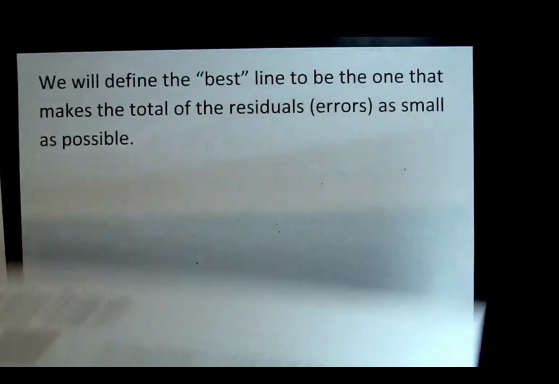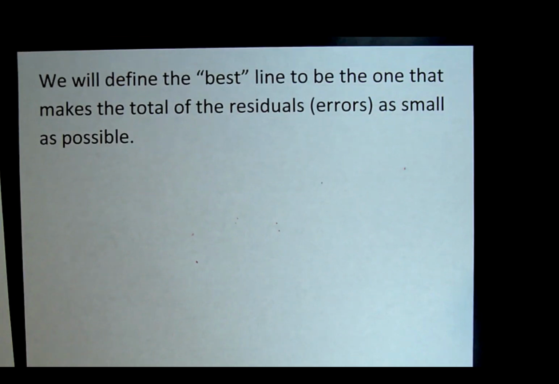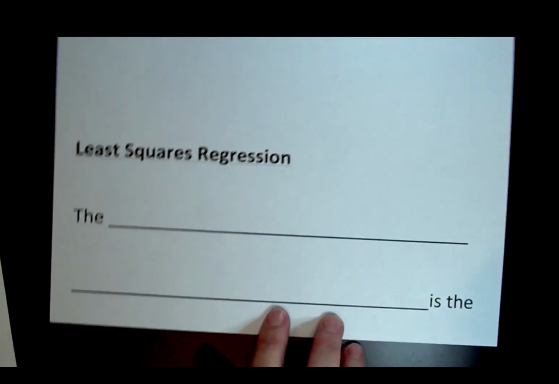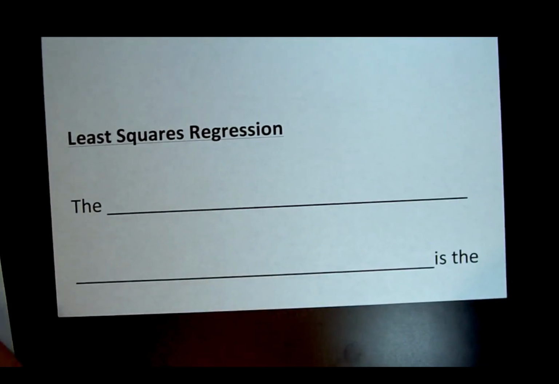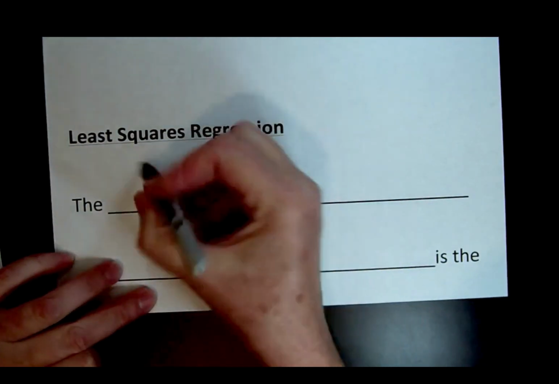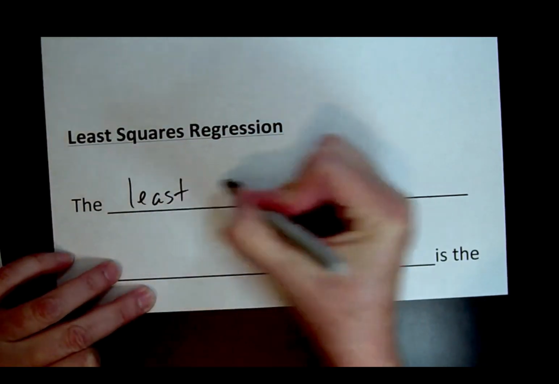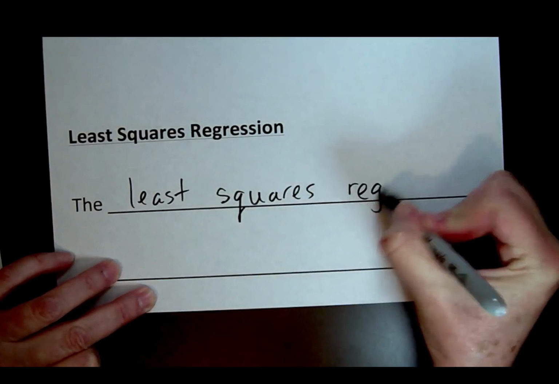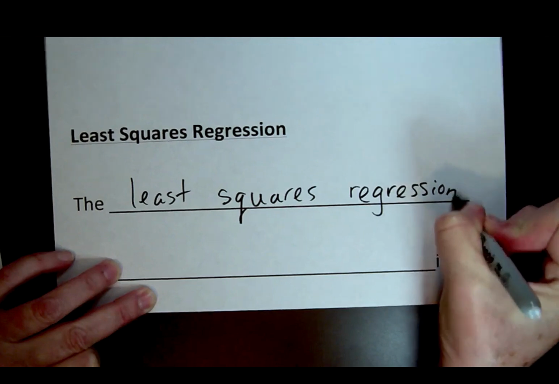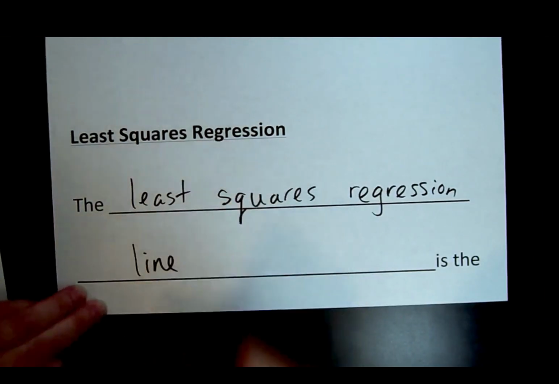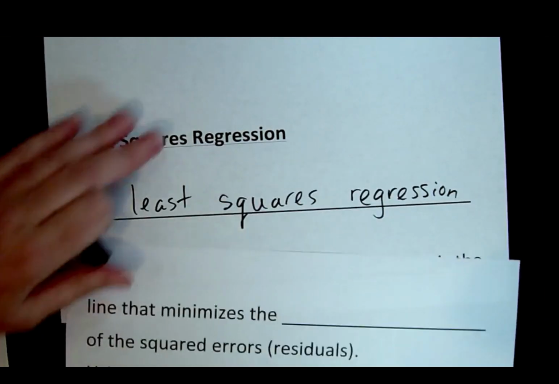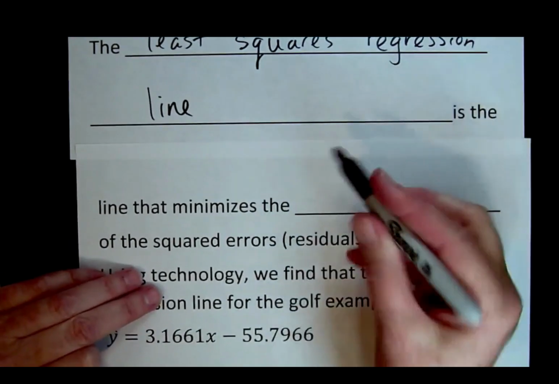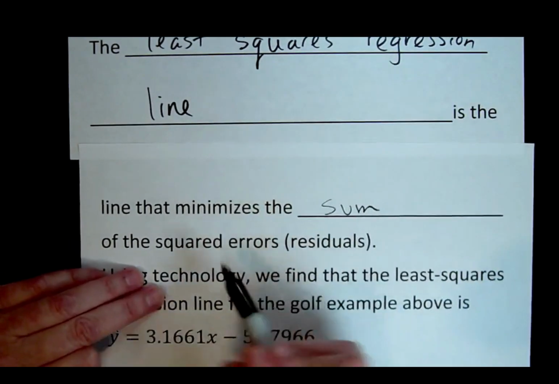And so we're going to define the best line to be what's called the least squares regression line. What is that? Well, the least squares regression line is the line that minimizes the totality, in other words, the sum of the squared errors.